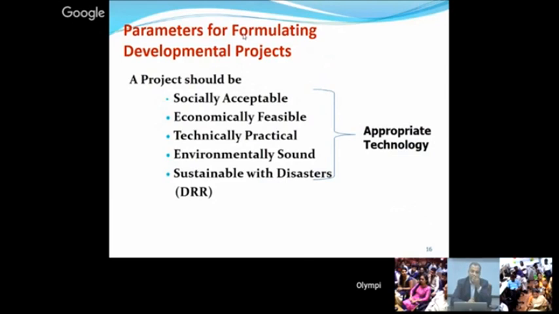But in many developmental projects, initially we have a big investment, and after some time we get a benefit. So economic feasibility is important. Third, it should be technically practical. Fourth, it should be environmentally sound. And fifth, it should be sustainable with respect to disaster.